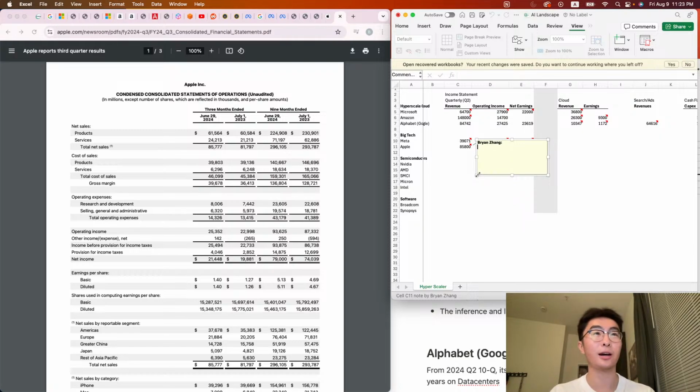If you look at this, I don't know the exact percentages, but it seems like revenues are pretty strong. It's been slowing growth, but not that much slower.